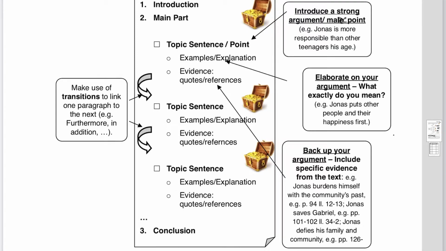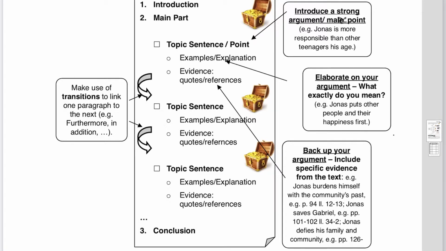Jonas defies his family and community, and this is where you can see that at page 126. I also made a mistake here on the sheet. Das ist nicht gut formatiert. Das mache ich gleich noch schön, damit ihr die richtige Version auf Moodle sehen könnt.